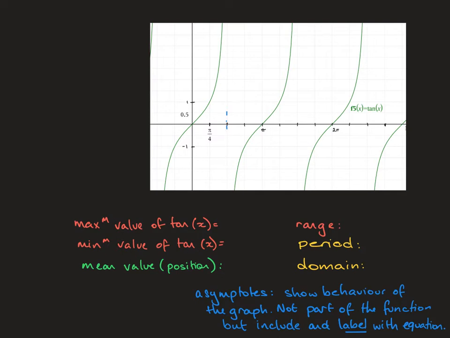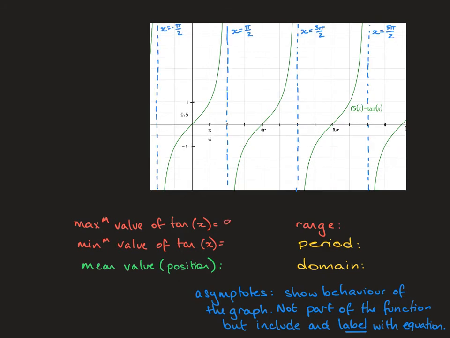And so looking at our values of tan, so our possible y values for tan of x, our maximum value is infinity, our minimum value is minus infinity, so that our range is in fact real numbers for tan.